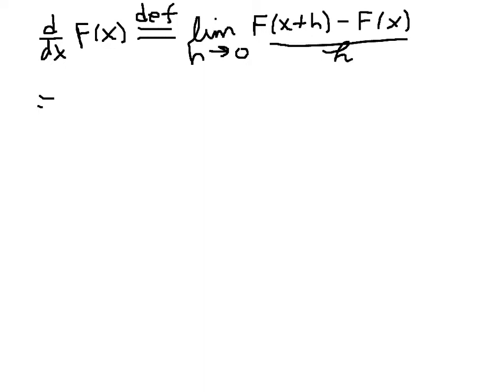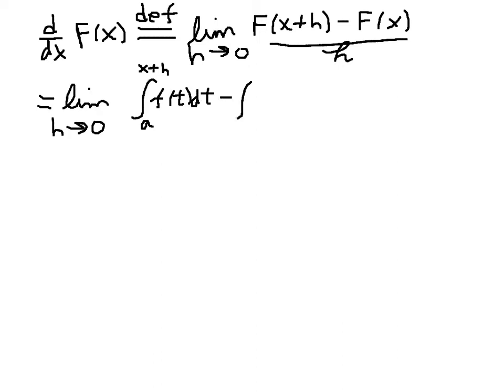And we'll simplify that to be the limit as h approaches 0 of what big F is. So it's the area from a to x plus h of f of t dt minus the area from a to x of f of t dt all over h.